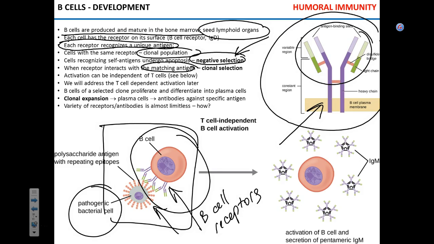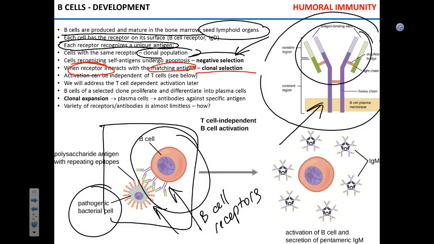Those B cell receptors recognize the antigen that belongs to that bacterial cell, and this matching of a specific B cell clone that carries a certain receptor and the matching antigen is called clonal selection. So basically it's like, oh yeah, we have Staph aureus coming. This clone, your job is to respond to Staph aureus. Everybody else, walk away. Does that make sense?